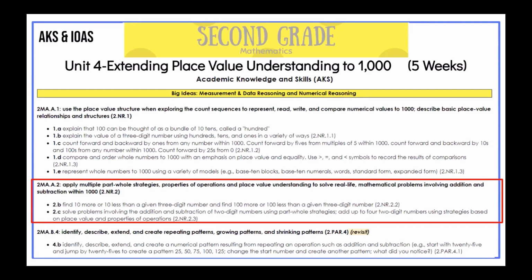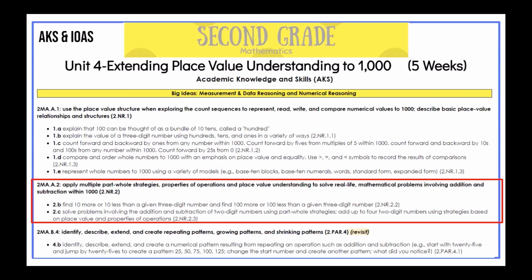In Unit 4, you will notice that the numbers in our suggested lessons and tasks may be larger than they were in quarter 1. Also notice that we have clustered AKS 1, IOA 1C with IOA 2B. In our sample resources, IOA 1C is taught exclusively through activating strategies.